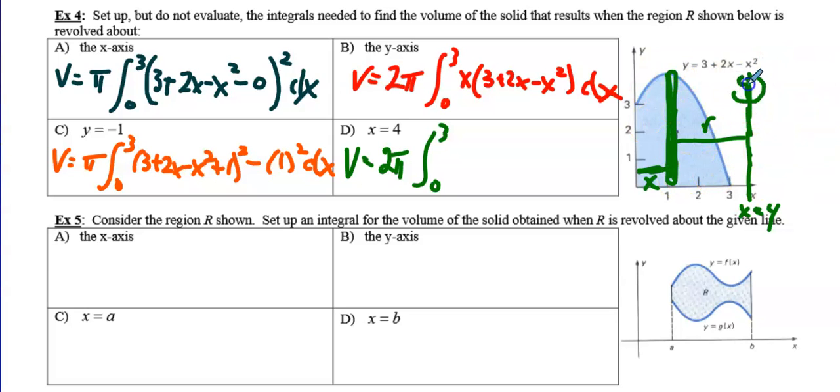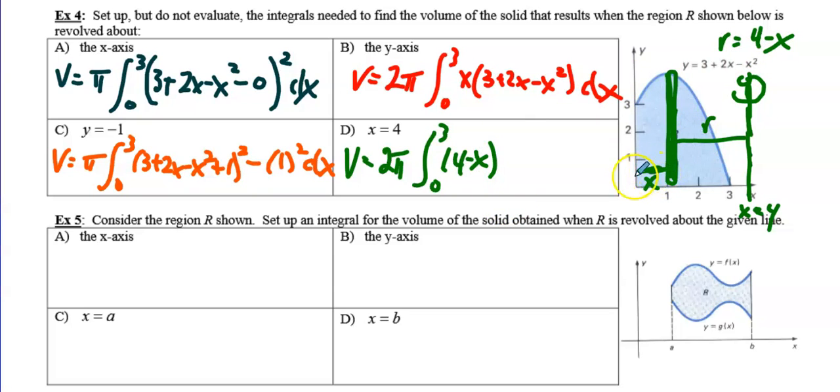So this is going to go around this way. Because it's going to be right minus left, if this whole distance is 4 and this little guy is x, then this is going to be the difference of 4 minus x. So our radius in this particular example is going to be 4 minus x. So we're going to write 4 minus x.